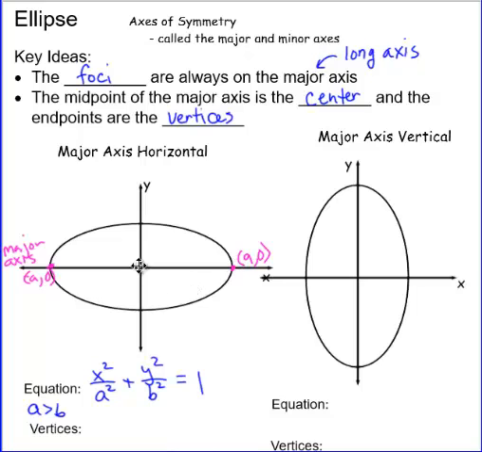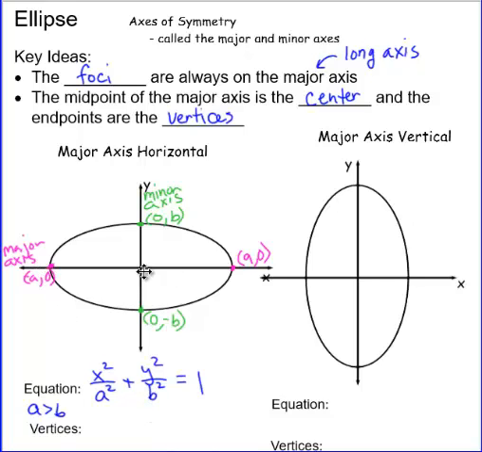So it's whatever the distance is from the center to the vertex. That is the A value. The B value is the value at the endpoints for the minor axis, the distance from the center to that point is the B part.